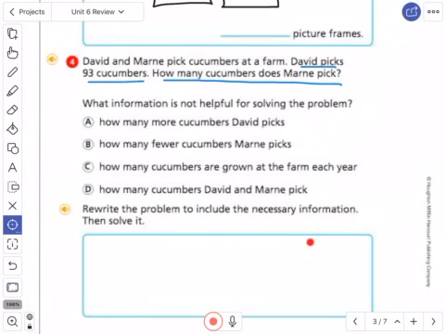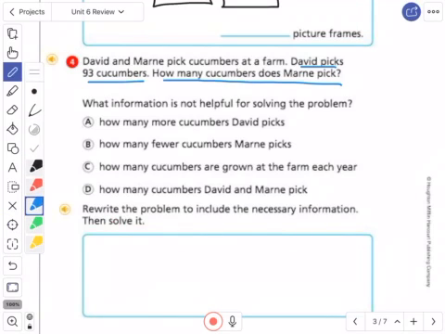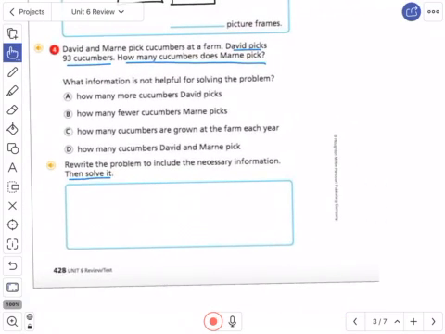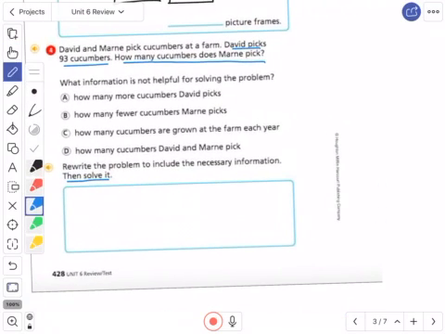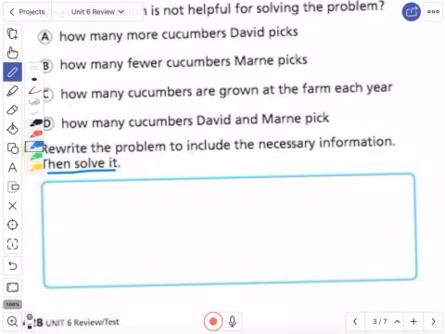There's a lot of different choices that you could use to make this problem make sense. And really, you could pick one of these sentences to add to this, and then you can solve it. But one of the big things there is solve it. So for this one, I can zoom in here still.